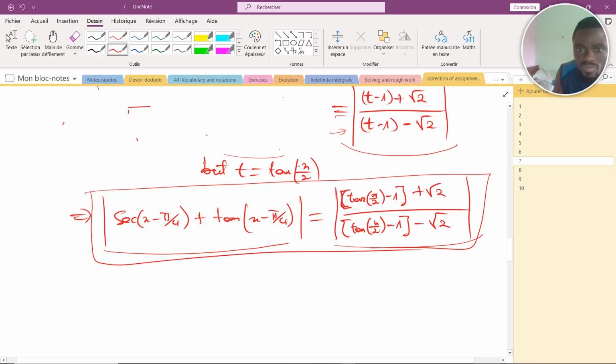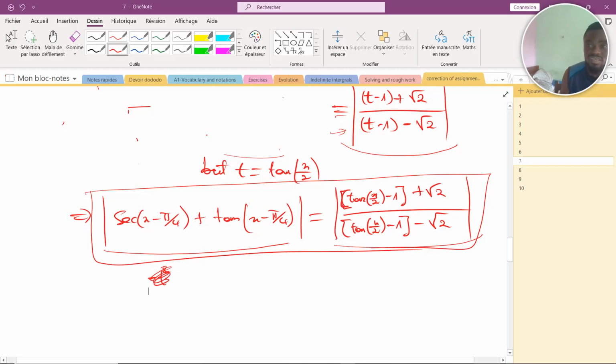The most important things to remember in this exercise: when you have a quadratic expression with a minus in front of the term containing t squared, always factorize the minus first before proceeding, and verify whether what is left is factorizable.